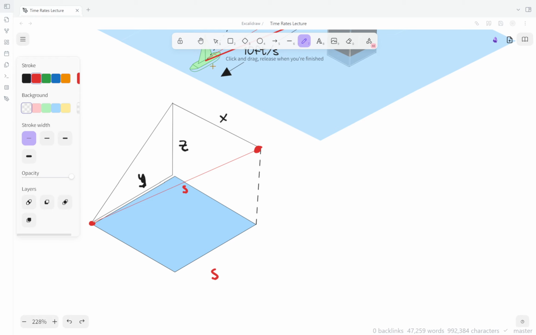We're going to do the same thing as the Pythagorean theorem. So we can say s squared is just equal to the usual x squared plus y squared. But due to the added dimension, we also have z squared. And that's pretty much it. That's how we find the distance between these two things right here.